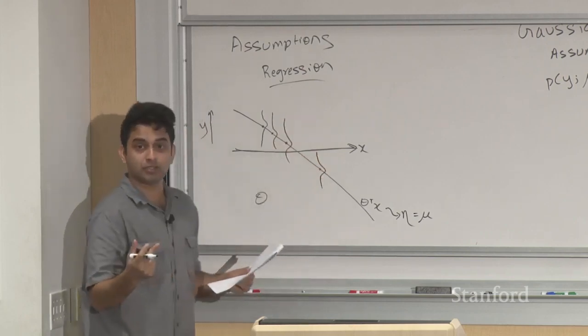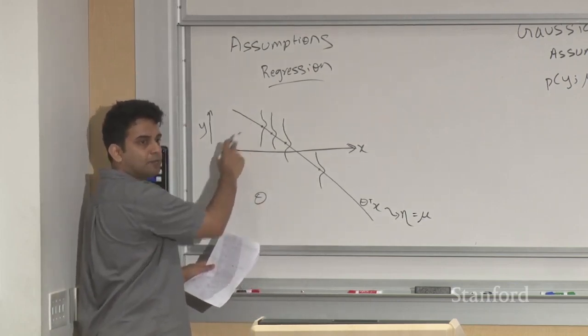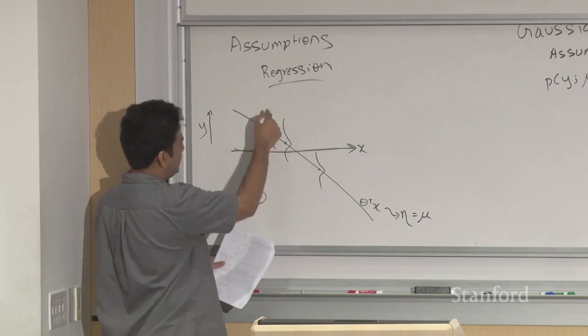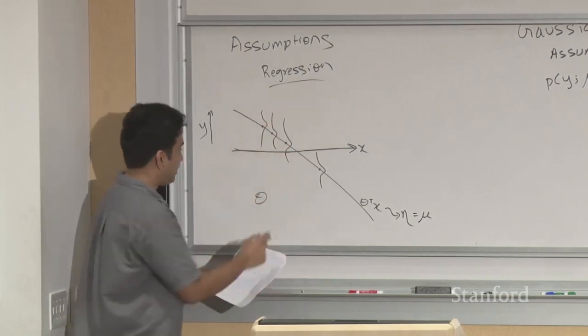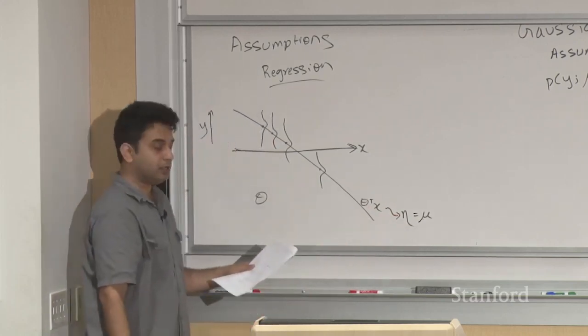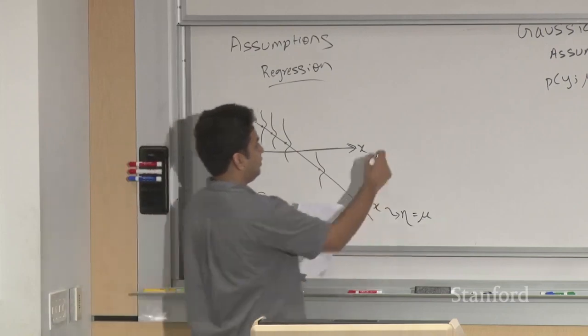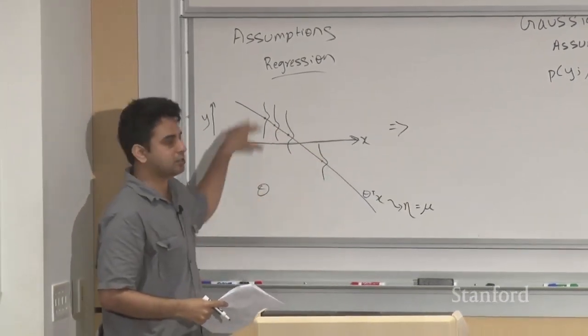We assume a variance of 1. So for every possible x, there is a y given x, which is parameterized by theta transpose x as the mean. And you assume that your data is generated from this process.